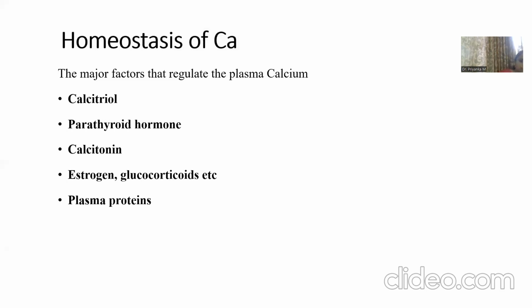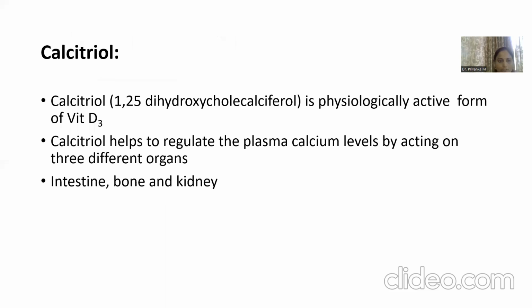The major factors that regulate the plasma calcium level: one is calcitriol. So what is calcitriol? It is the active form of vitamin D, also known as 1,25-dihydroxycholecalciferol. What is the main role of calcitriol?